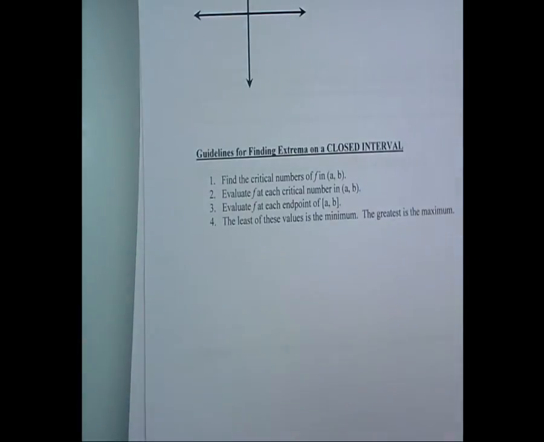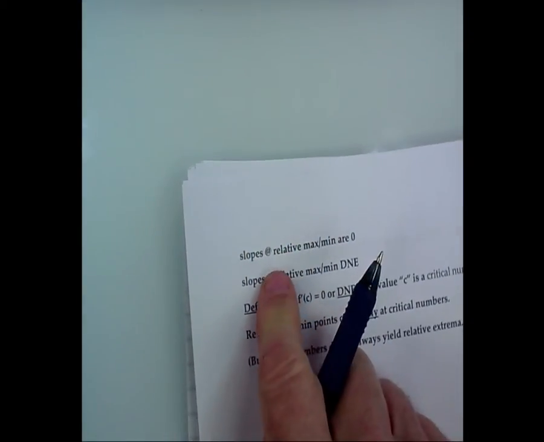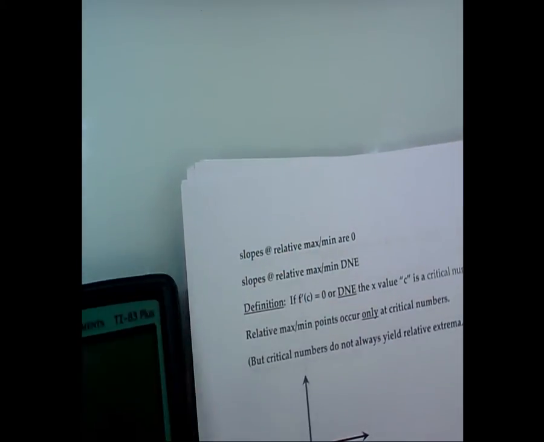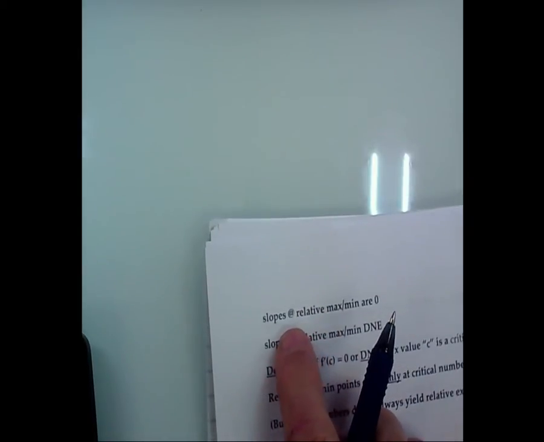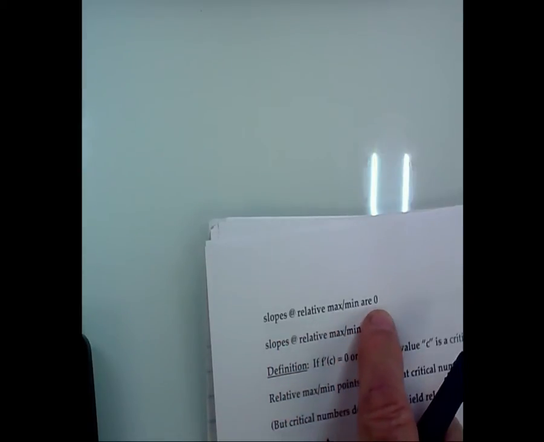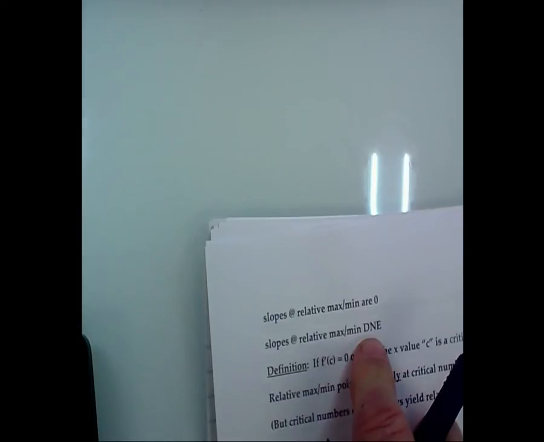Next page. Okay, slopes at relative max and mins are 0. Slopes at relative max and mins do not exist.